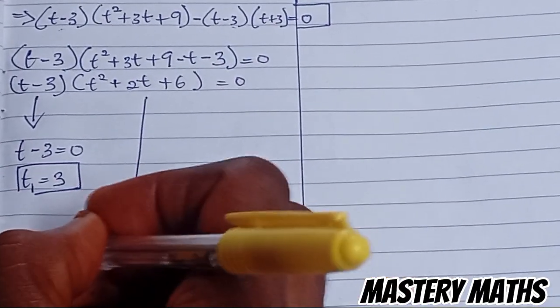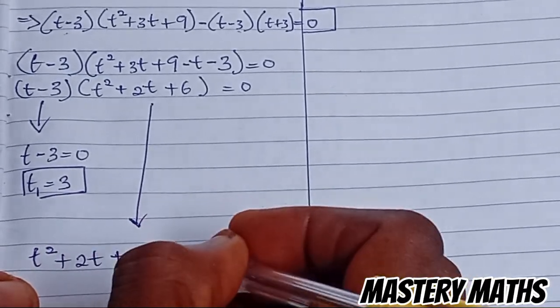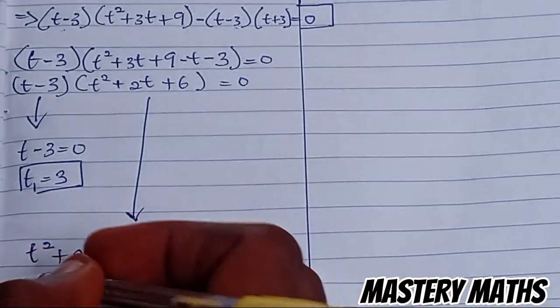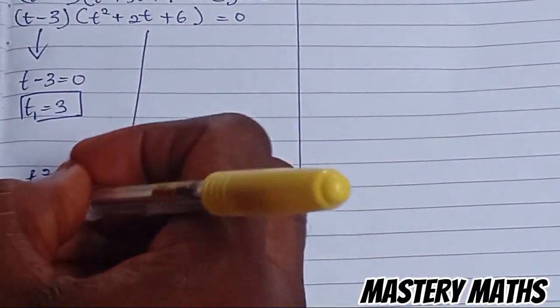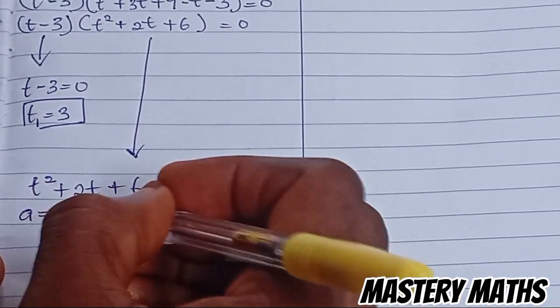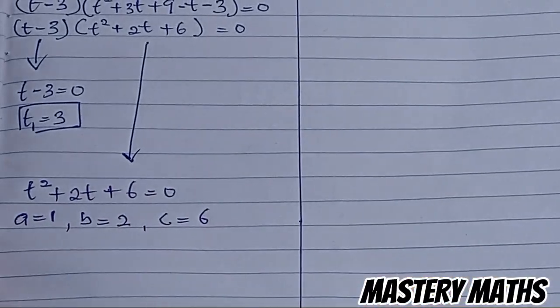We have t squared plus 2t plus 6 equal to 0. Using the formula method, we said our a is 1, our b is 2, and our c is 6.